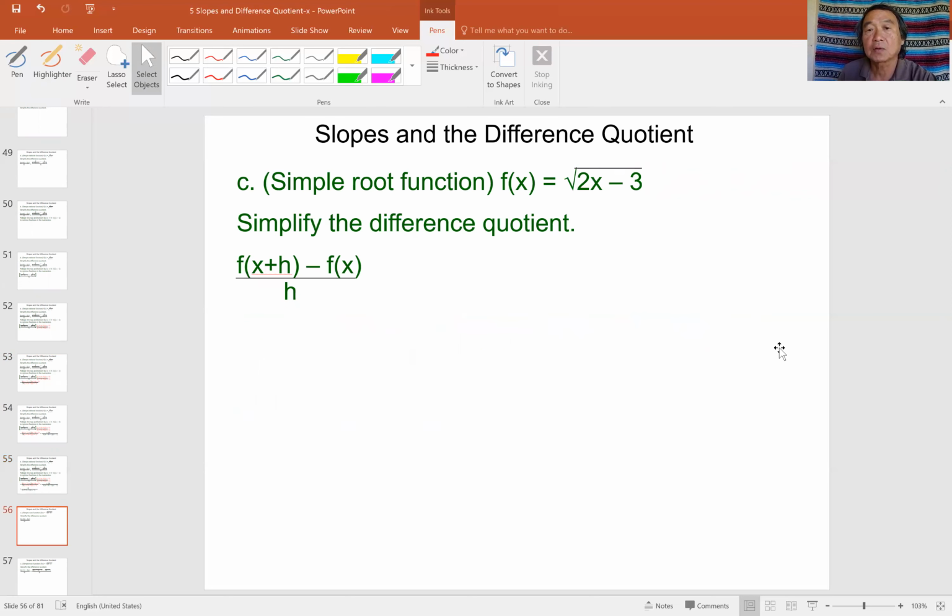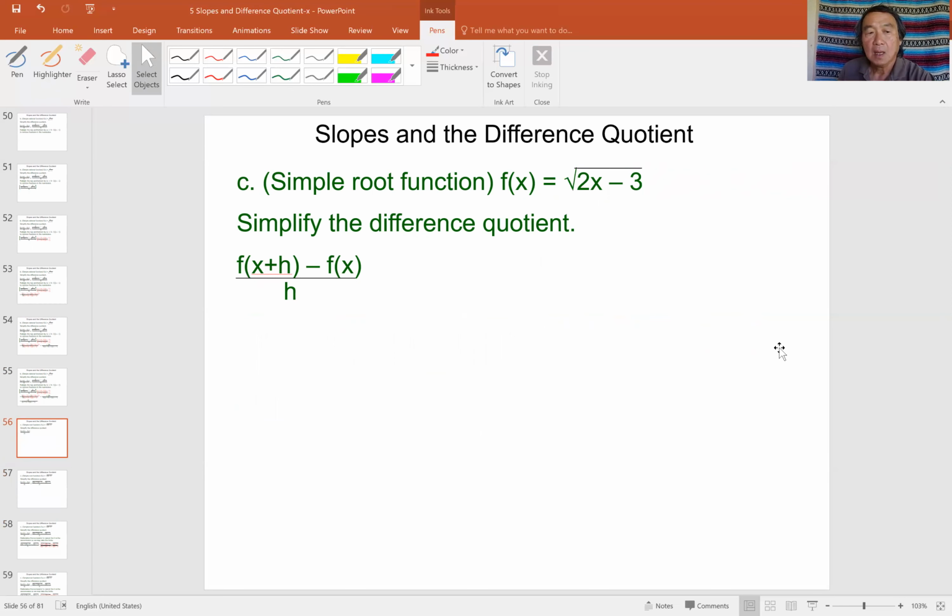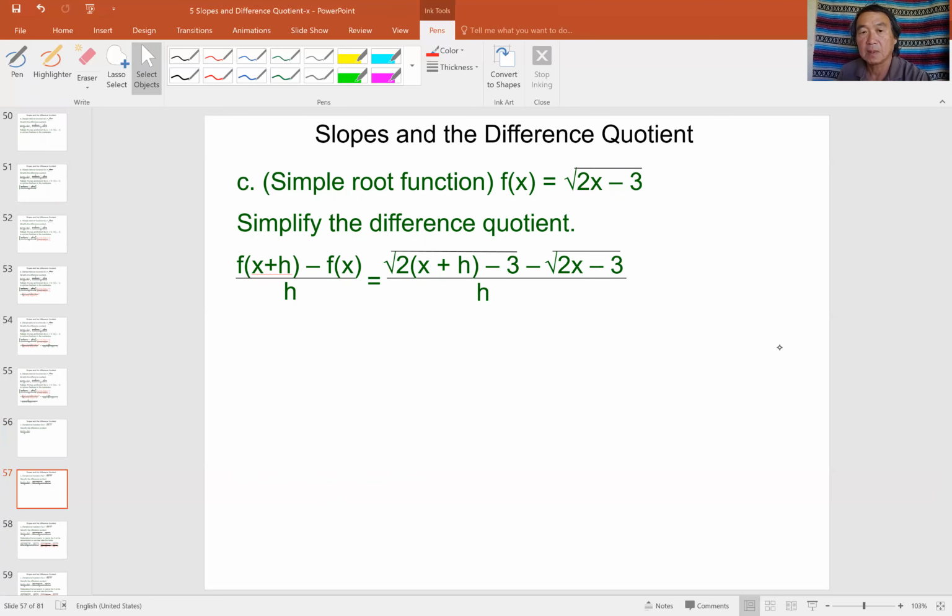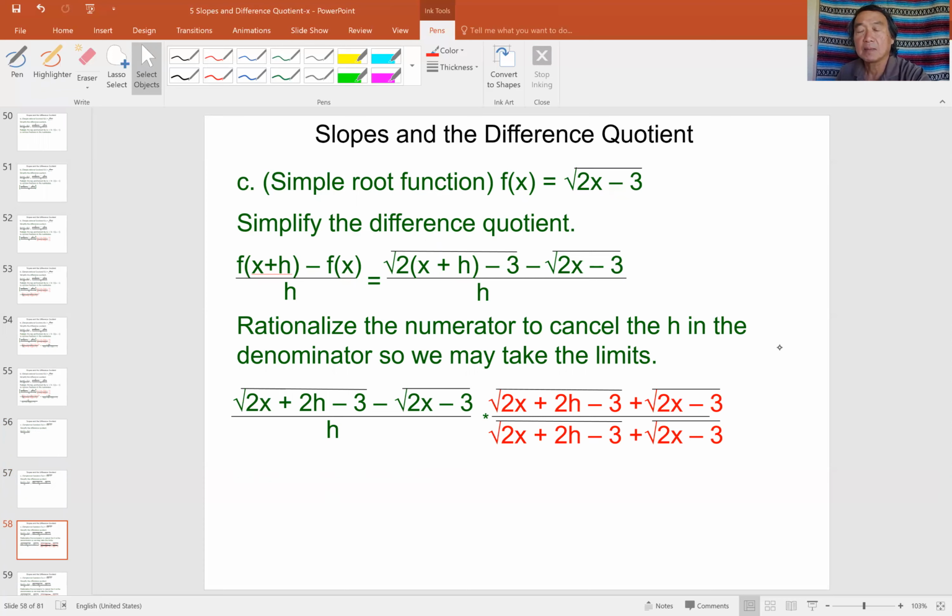The 3rd type is a square root, a simple square root type. Again, plugging in x plus h correctly, I got these subtractions of two square roots. How do I clean these up? I use the conjugates. So multiply the top and bottom by the conjugate, with a plus sign in the middle.